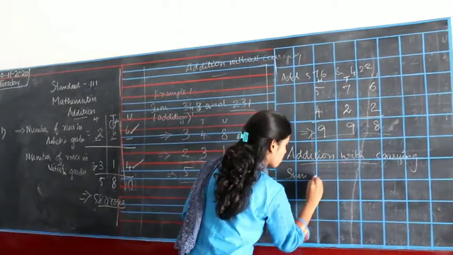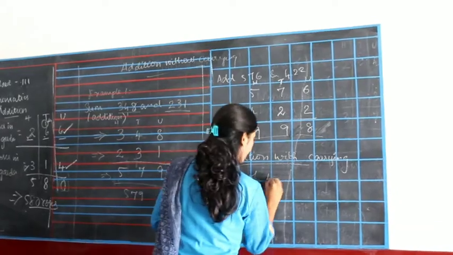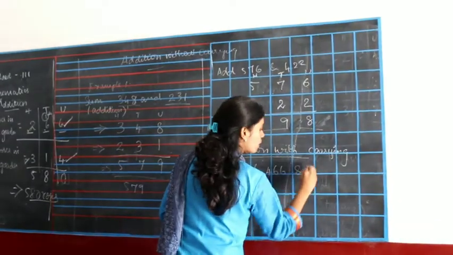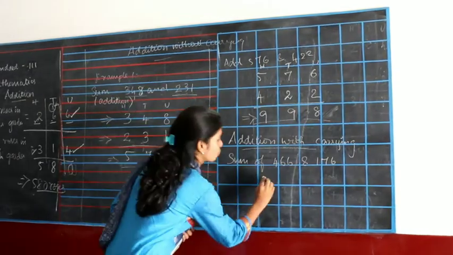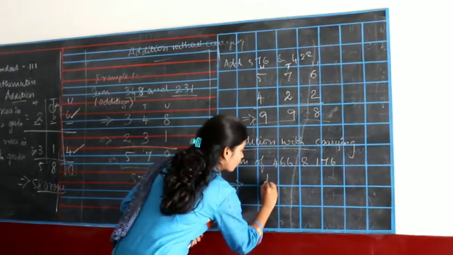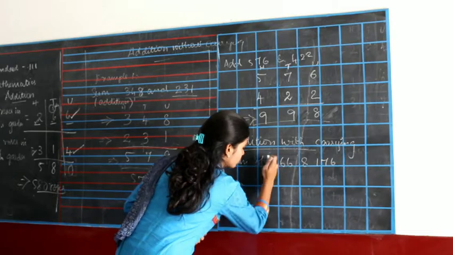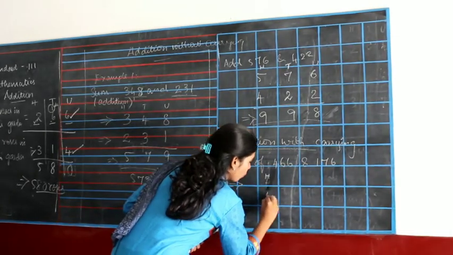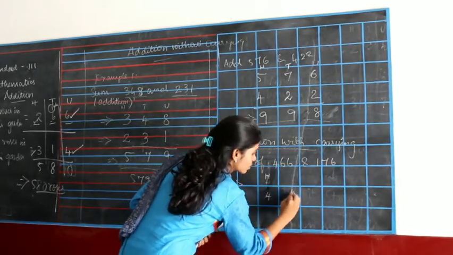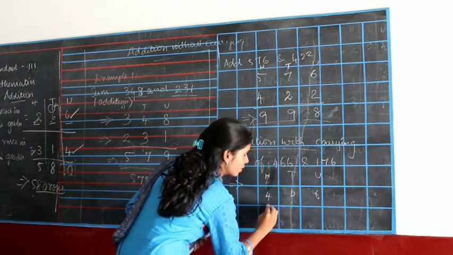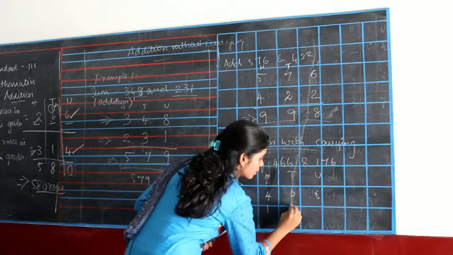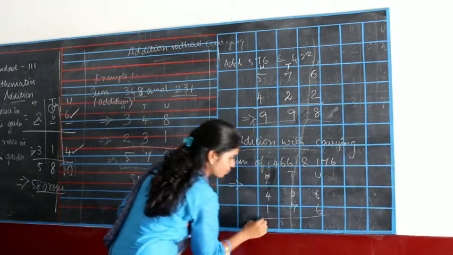Sum of 466 and 176. We'll write it according to the place value. 400, 60 is the tens, 6 is the unit, and then again we have 176.